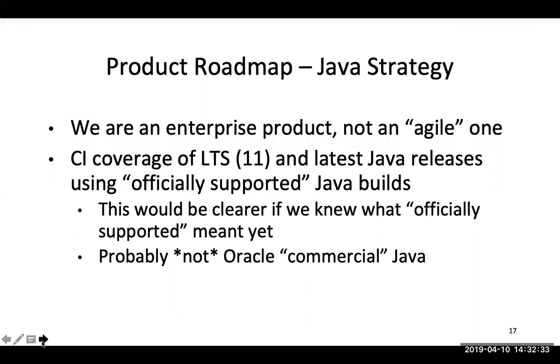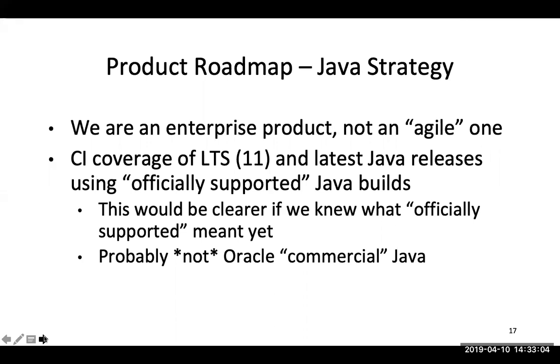So when 12 hit its no more changes period before it went GA, that's when we started testing 12 in our CI environment. And once 13 reaches that state, we're going to drop 12 and essentially move our testing forward to 13 and so on and so forth. But meanwhile, we continue to do coverage testing of the actual LTS release, which is 11. LTS stands for long-term support, by the way, if that wasn't clear. That's what the acronym refers to.